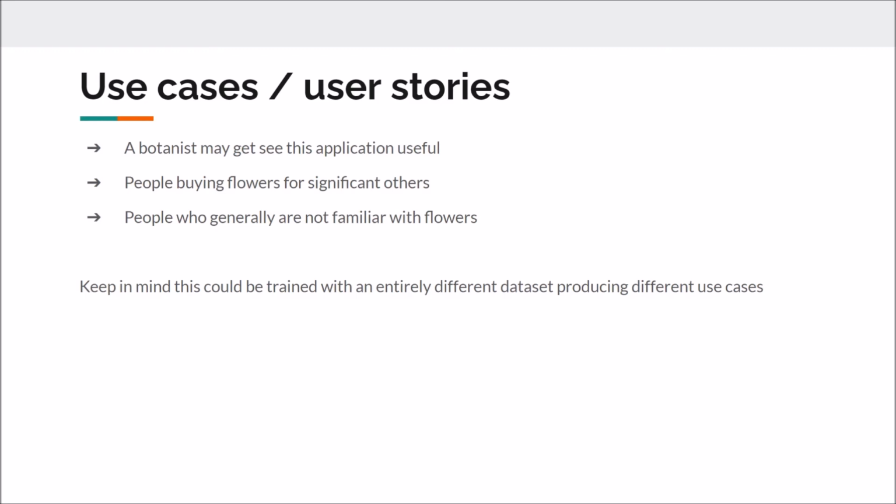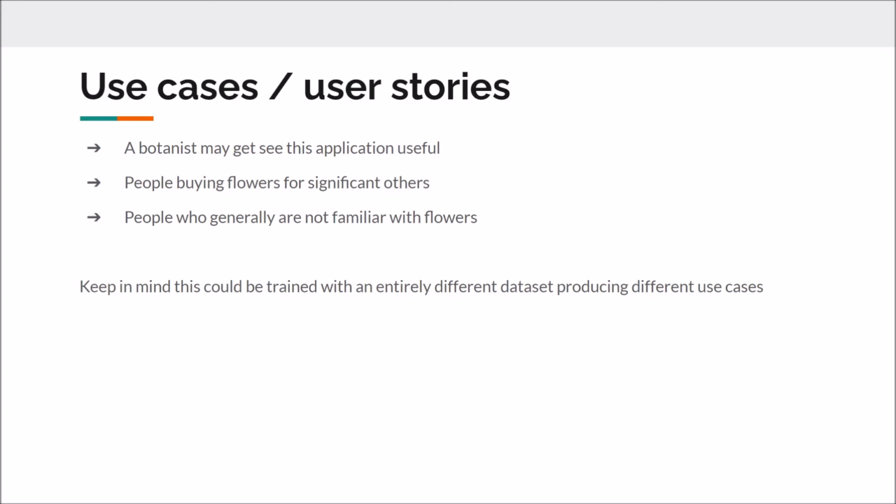Sometimes when you go into the grocery store or any store where you buy flowers, it's pretty intimidating when you walk into the floral department. I get a little confused and I don't know all of the flower types by heart, and so using this app could help you pick out the right flower that your significant other may have as their favorite.